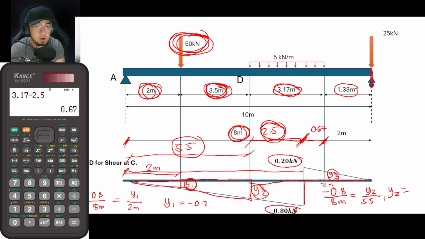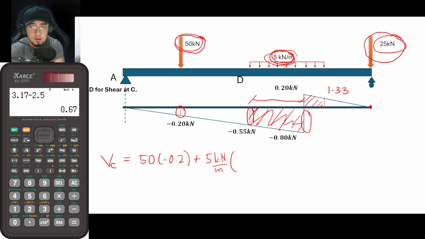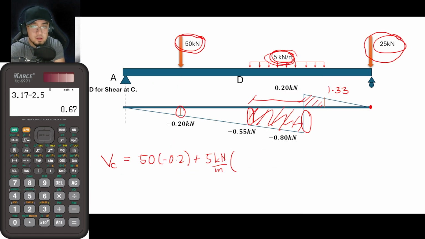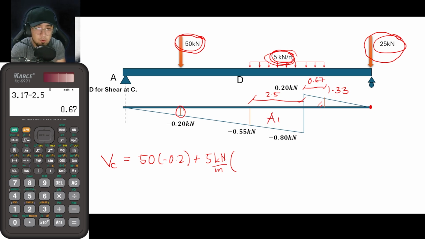So going back to our last slide here. So this is 2.5, and this here is 0.67. So from that, guys, I would be segregating the two areas. I would be considering this area first, so I will be naming this as area 1.